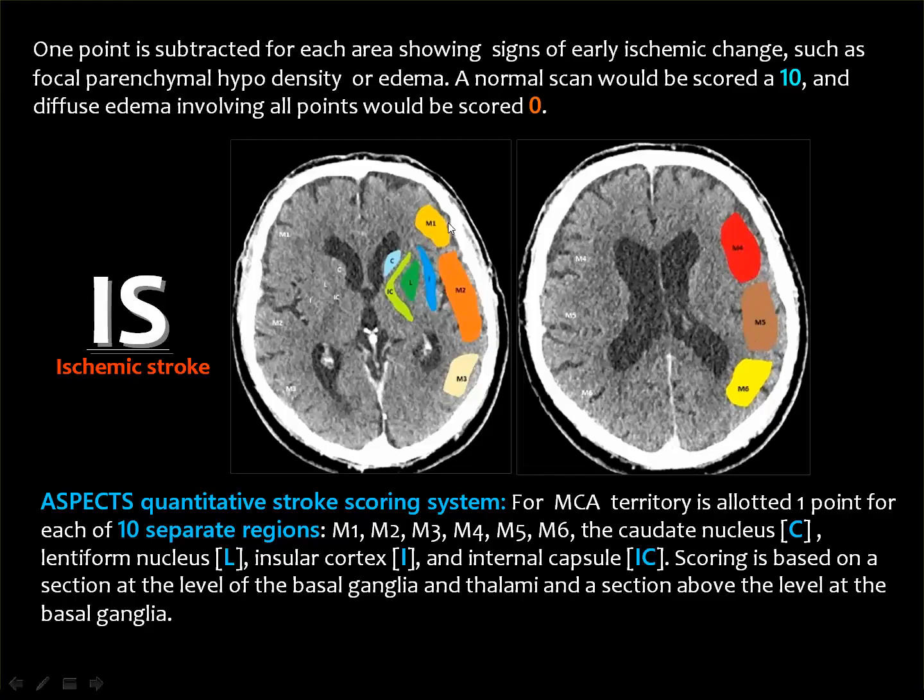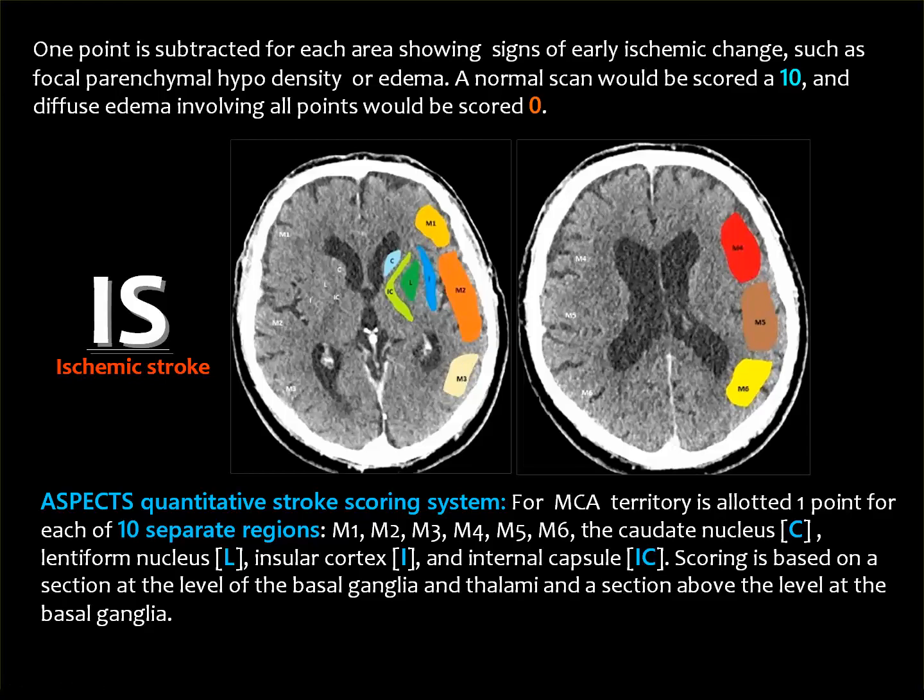For each zone, you give number 1. Then you give a number for the head of the caudate, another number for the internal capsule, a number for the lentiform nucleus, and another number for the insula. If you sum up these numbers, you get a score of 10.